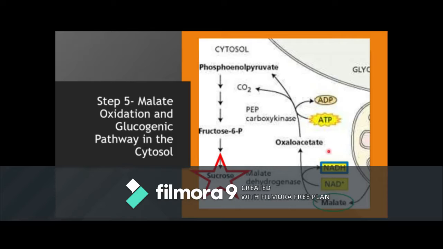It becomes oxaloacetate and uses ATP, so it uses one energy to become carbon dioxide and a type of pyruvate. This all happens in the cytosol. It then goes through the gluconeogenic pathway, in which the pyruvate becomes fructose, and then the fructose becomes sucrose.